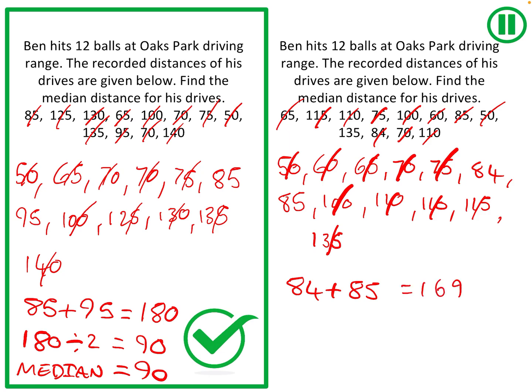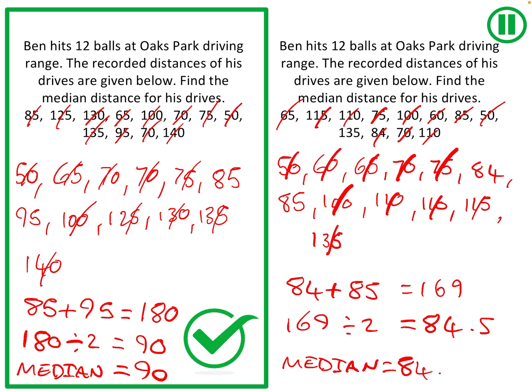Now that we've added those together, what does that mean we're going to have to do? Well, now we're going to have to do 169 divided by 2, and that equals 84.5. And therefore my median, my middle, is 84.5, because remember this is in the middle of 84 and 85.